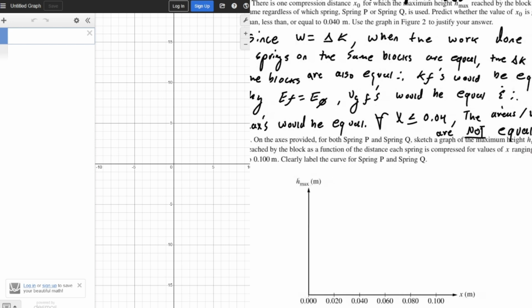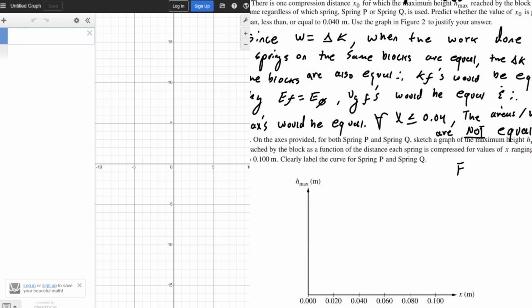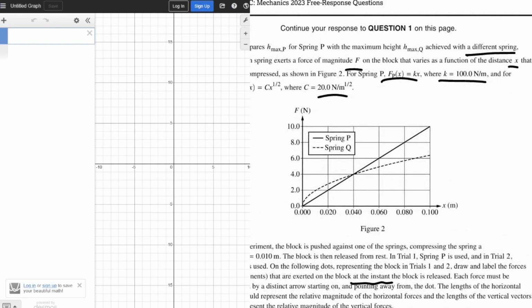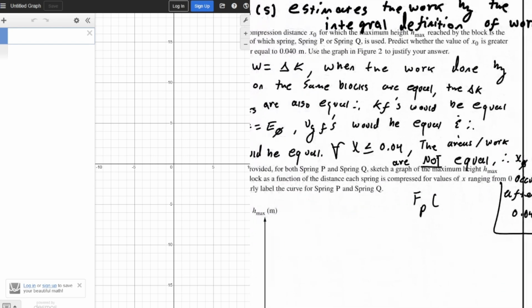So we have to think, right? We know both of the spring forces. The spring force for P was, I believe, a linear force. So Fp of x was 100x, but Fq of x was 20x to the 1/2. Like we stated right here, we can integrate force to get work.